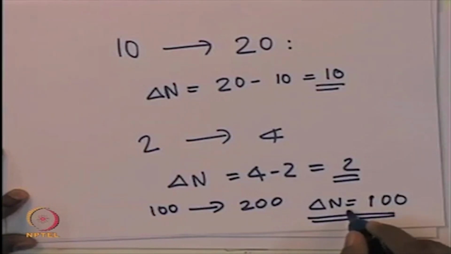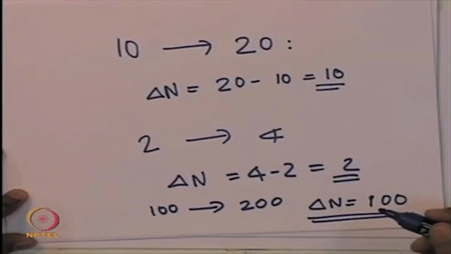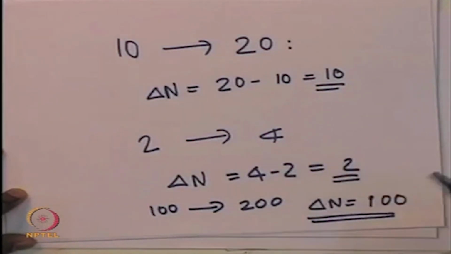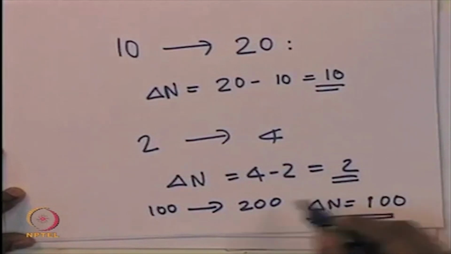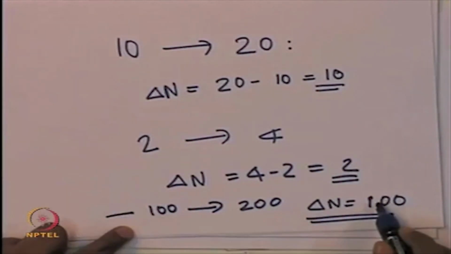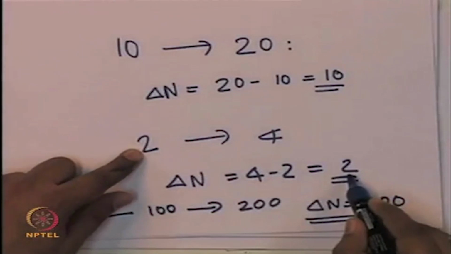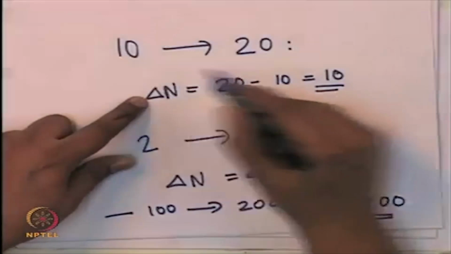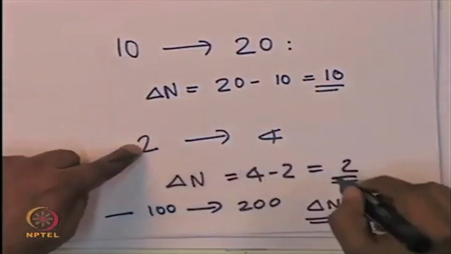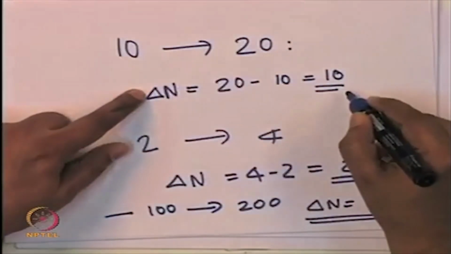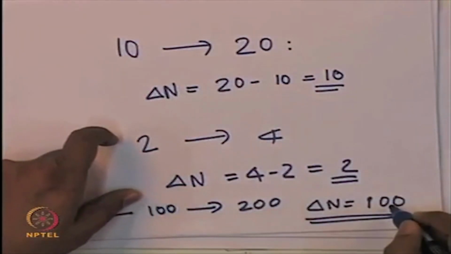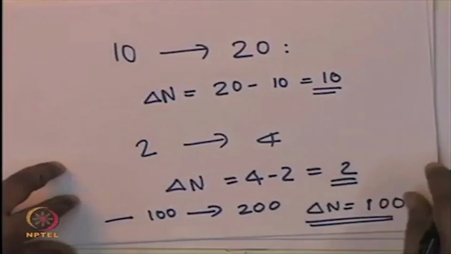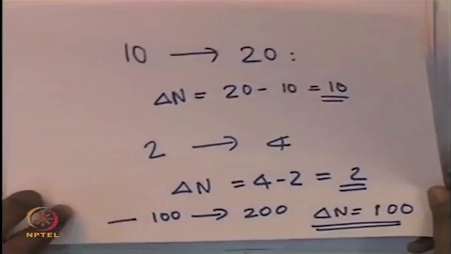So, the more the number, the more the increase. How do we say this mathematically? Here we had 100, the delta n was 100. Here we had 2, the delta n was 2. Here we had 10 and the delta n was 10. So, 2 has delta n 2, 10 has delta n 10, 100 has delta n 100. So, the delta n here is proportional to the n.